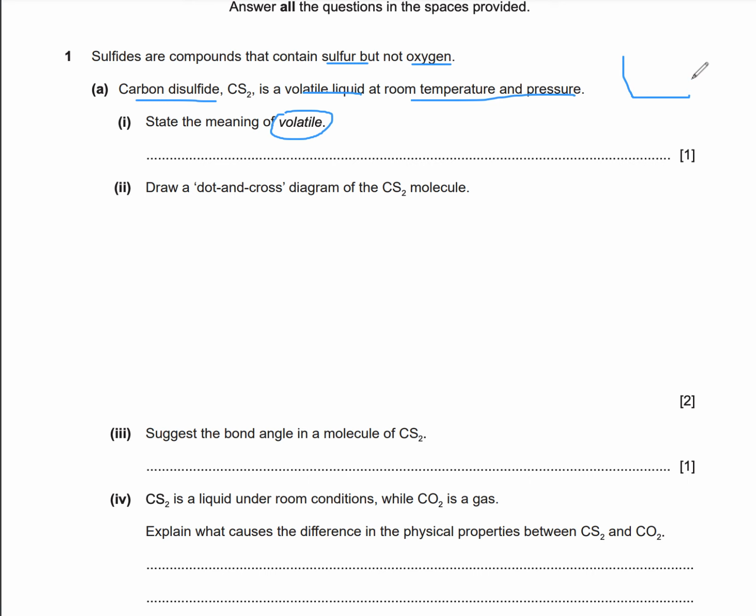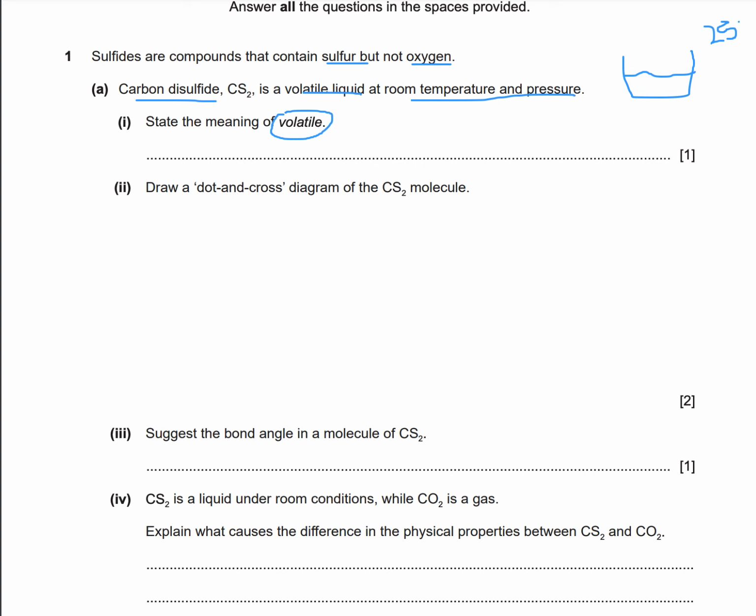So if there's a substance over here, let's say it's CS2 in this dish, and it says that it is a volatile liquid at room temperature. So if this liquid CS2 is at room temperature, let's say it's at 25 degrees Celsius, now it will keep evaporating. It will be easily evaporated, and it won't even require much heat.